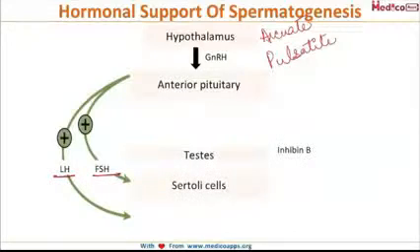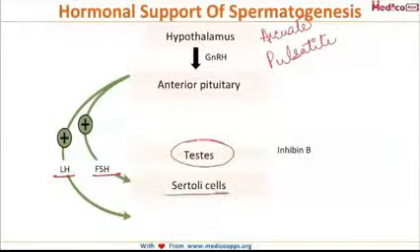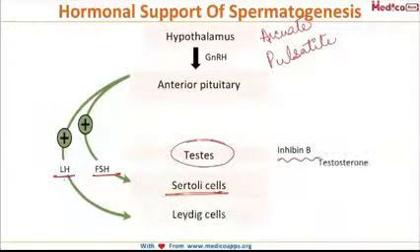Now what is the end organ for these gonadotropins? It is the testis. FSH has its receptor on the Sertoli cells, so it acts on the Sertoli cells, releasing inhibin B. And LH has its receptor on the Leydig cells and leads to the release of testosterone. So how do you remember this?